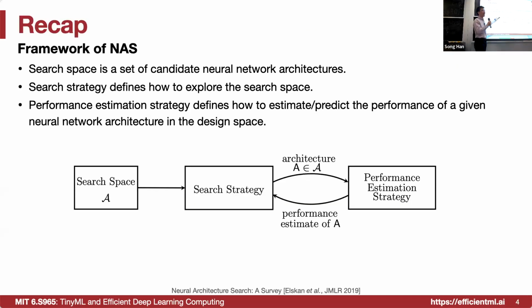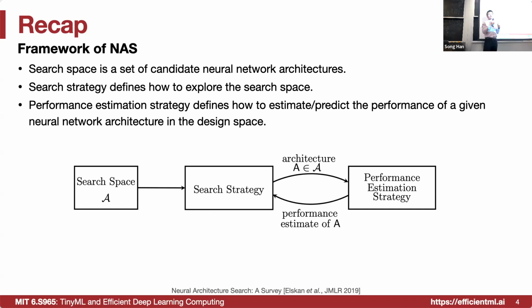Here's a recap. Where are we so far? We talked about neural architecture search, which has several components, starting with a search space. What are the design choices we're going to think about? The channel number, the depth, the width, the resolution, the kernel size, etc., defines the design space. And then the search strategy, whether we are using random search, evolution strategy, reinforcement learning, or Bayesian optimization.